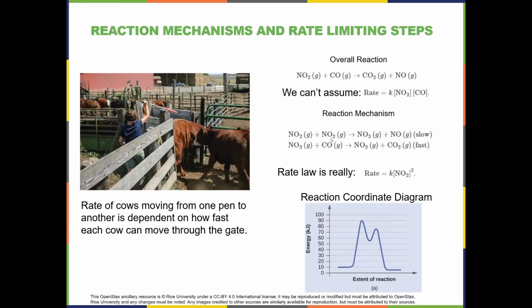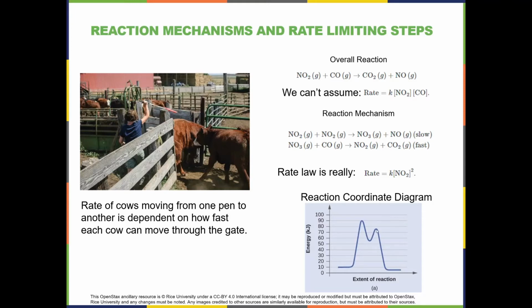If I did not give you this, and I just gave you this diagram, and I asked you which is the slow step of the mechanism, you would be able to tell me it's the first step. How do I know that the first step is the slow step? The reason is because the activation energy of the first step is much higher than the activation energy of the second step.